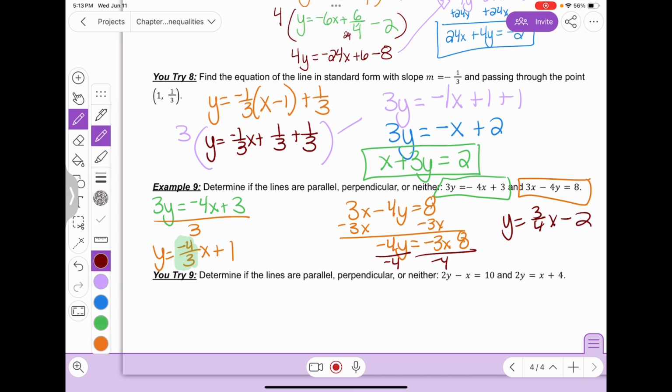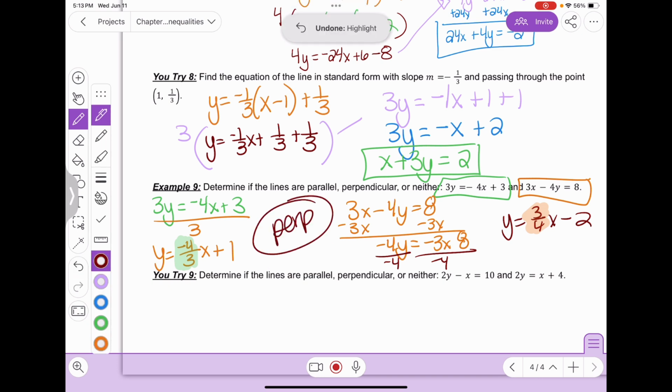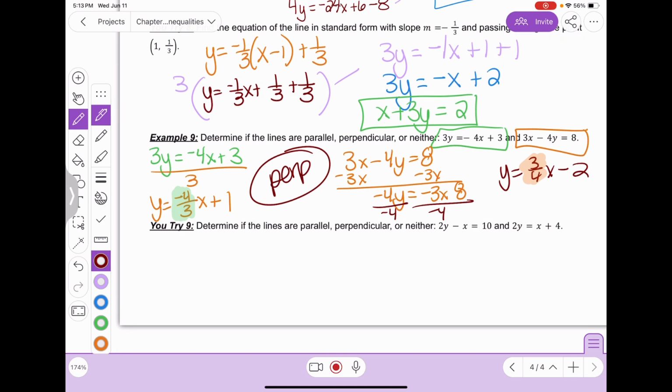So this slope is 3/4. So those are flipped fractions. One's positive and one's negative. So these are perpendicular. You do the you try.